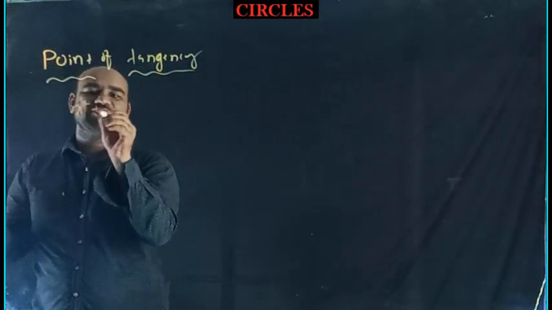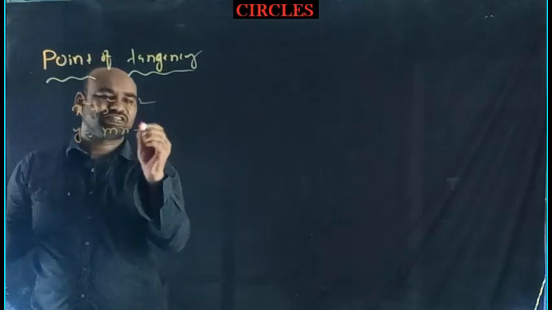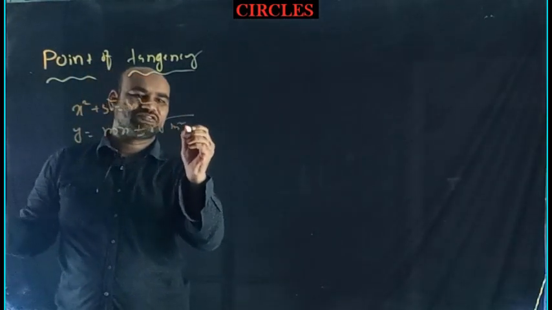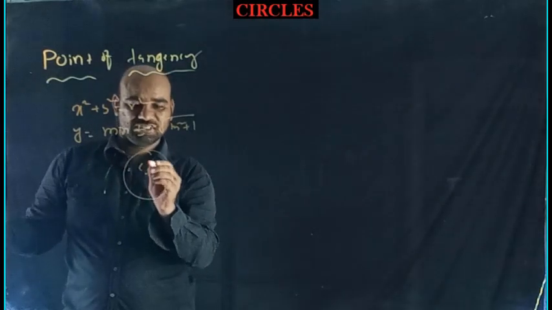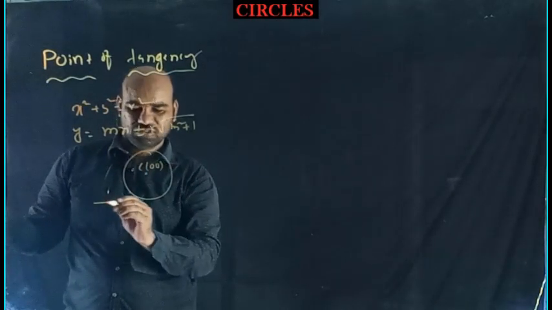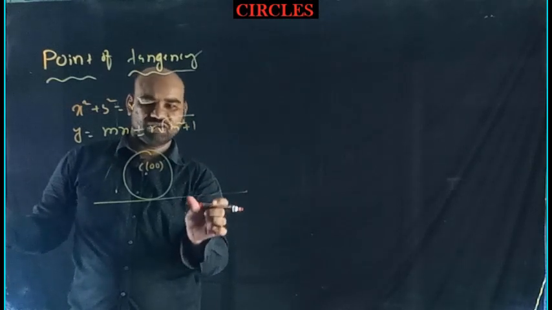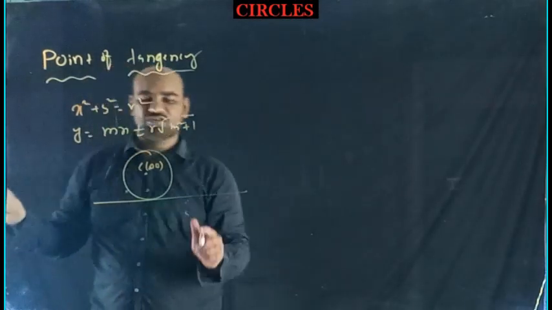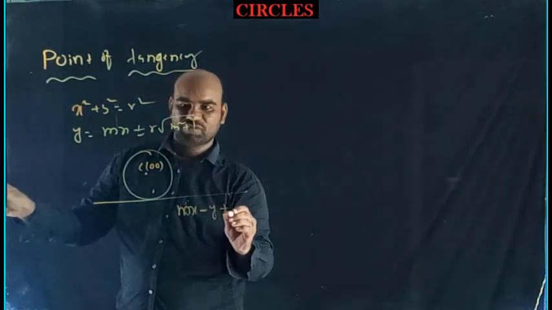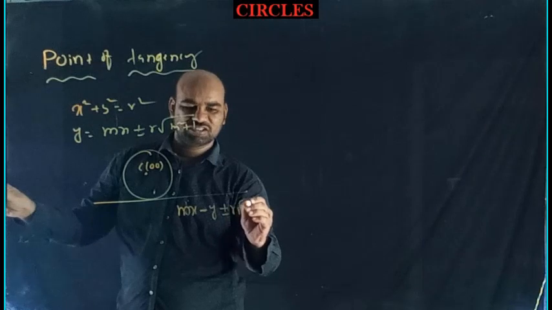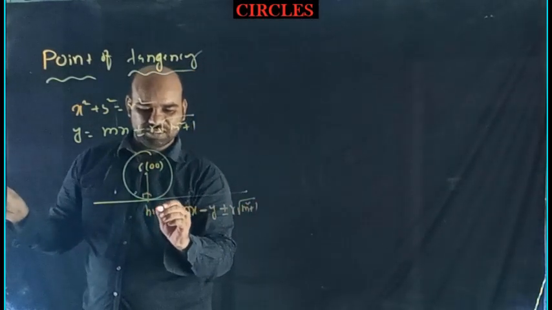For x square plus y square equal to r square, the tangent equation is this. Okay, this is the circle, center (0, 0). This is the tangent equation. I want to write it in standard form, that is ax plus by plus c equal to 0 form: mx minus y plus r minus r into root over m square plus 1. Okay, so this is (h, k).